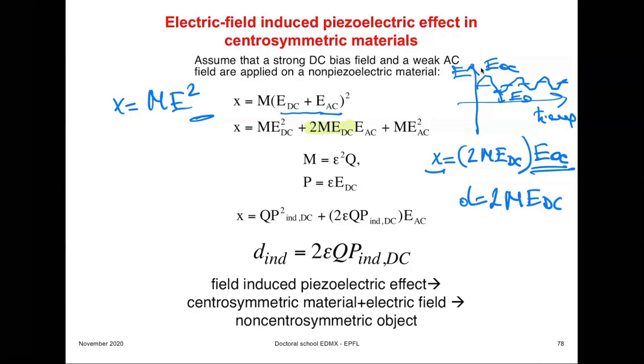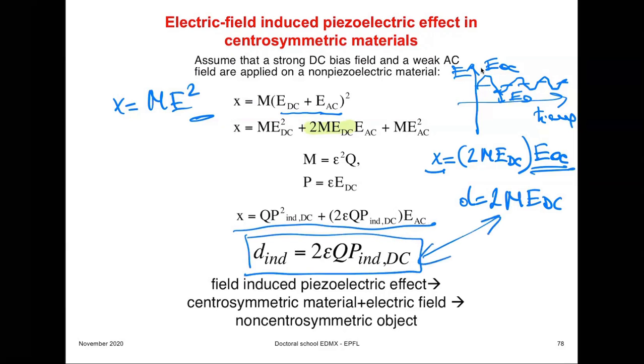We can do the same with the polarization, and we get that this induced piezoelectric coefficient is equal to the product of permittivity, Q coefficient, and induced polarization. How is this possible?